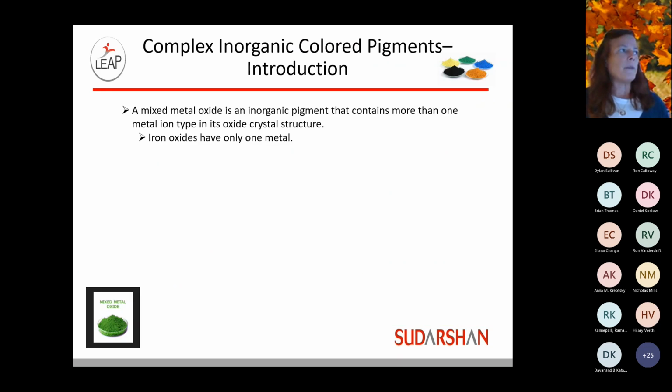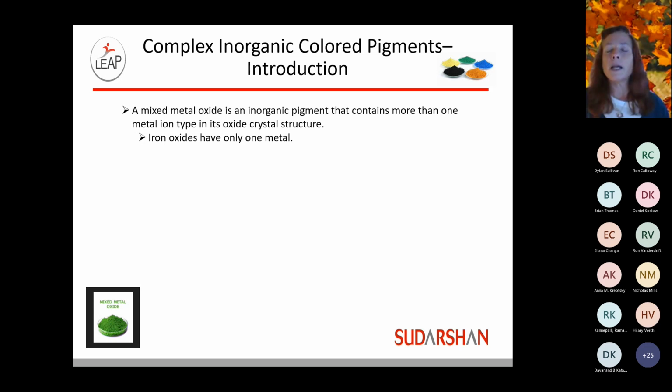CICPs are a mixed metal oxide, which is an inorganic pigment that contains more than one metal ion type in the crystal structure itself. As a comparison, iron oxide is a metal oxide. However, it only has one metal in it, obviously just the iron.